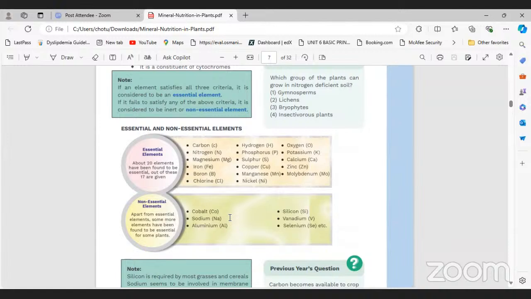These are the non-essential elements. Essential and non-essential elements, note that one here.